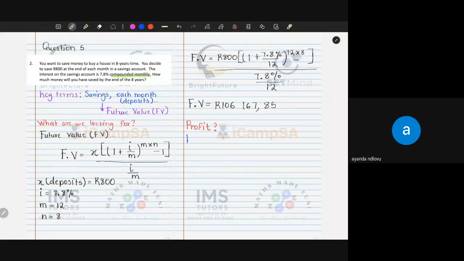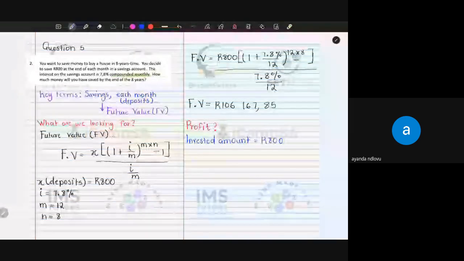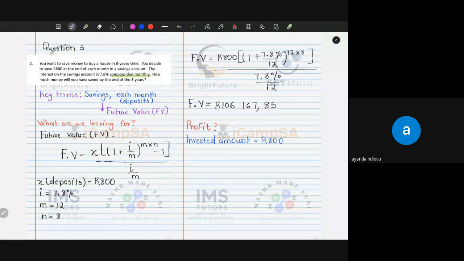Yep, on point. So maybe let's work it out this way. You are correct. I'm going to look at the invested amount. How much did we put in total? Remember, we're putting the 800 per month for 8 years.